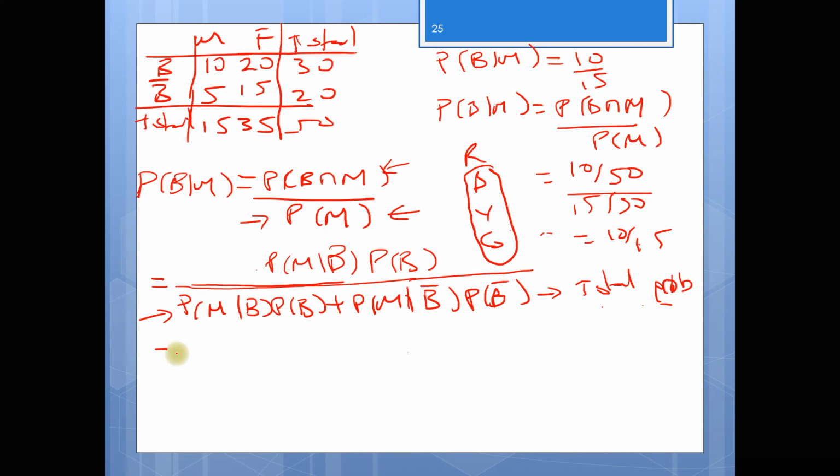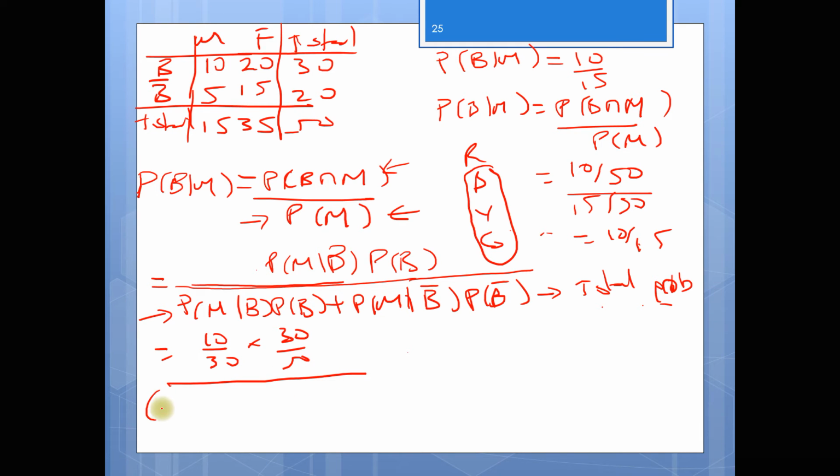So let's evaluate the probability of B given M, M given B. So M given B out of B, which means out of 30, how many are wearing black? Say 10. Multiplied by the probability of someone wearing black, which is 30 out of 50. This is my numerator.